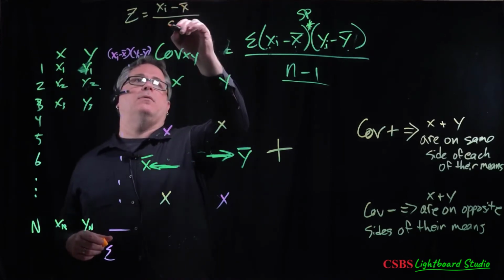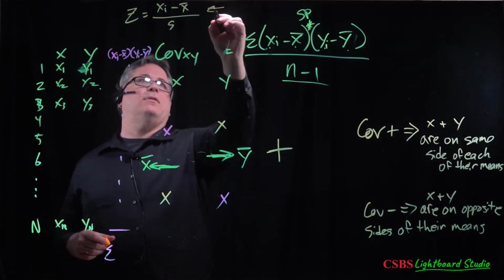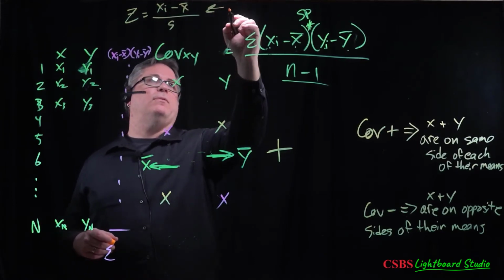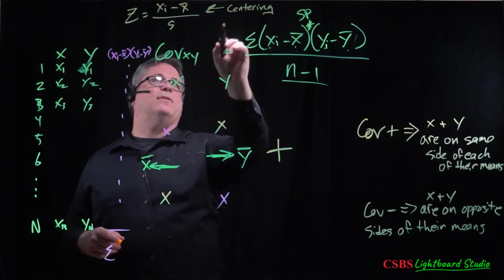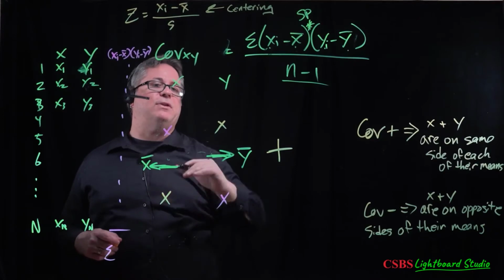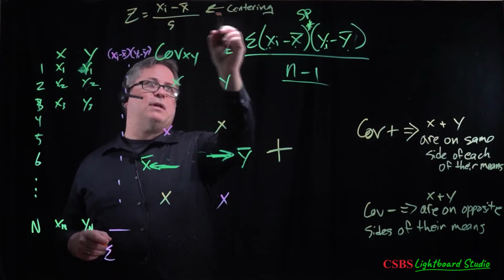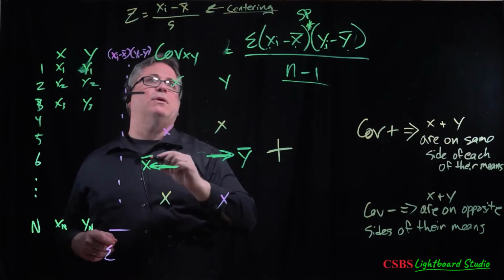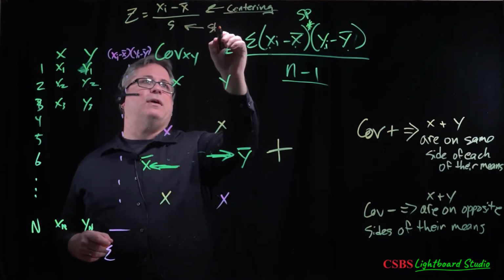Right, so this top part is actually called centering. By subtracting the mean, I'm centering the data at 0. So this part's not the standardizing part, it's the centering. It's the dividing by s that standardizes it.